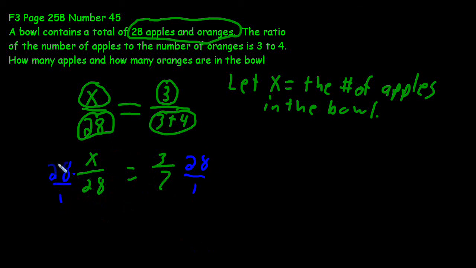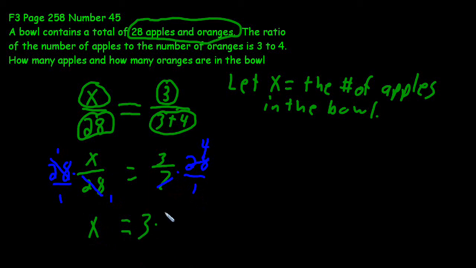On the right side, if I want to simplify 3/7 times 28 over 1, 7 will go into 28 4 times, and so I have 3 times 4 here. Or, there's 12 apples in the bowl.